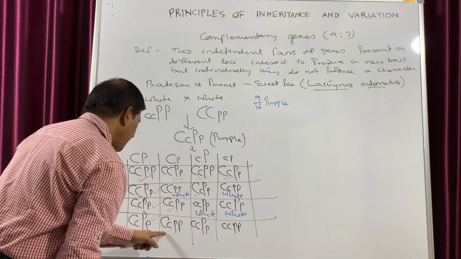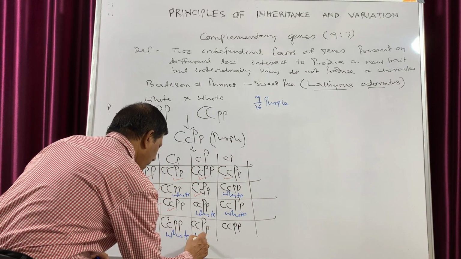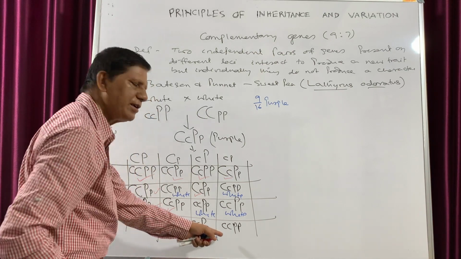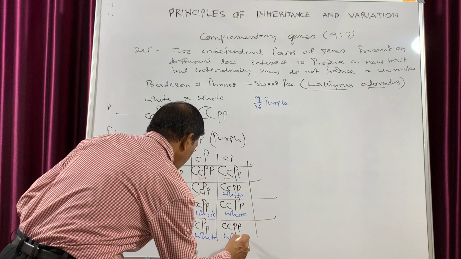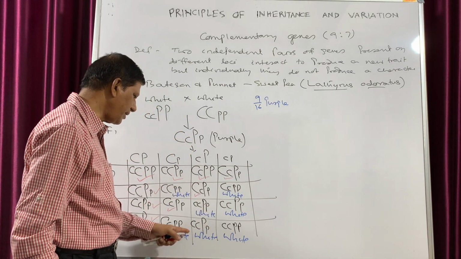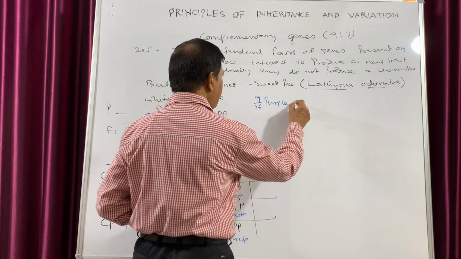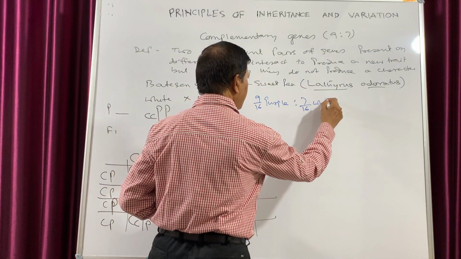White. Here only capital C is there. White. Here only capital P. White. Here there is only lowercase, both c and p are there. So this is also white. So you see, count white: 1, 2, 3, 4, 5, 6, 7. That means 7 by 16 are white.